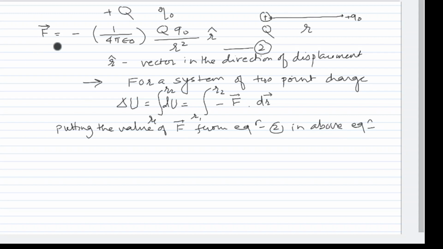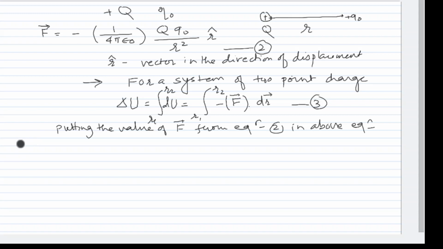See, what is the value of F here? That is minus 1 upon 4 pi epsilon 0, Q Q0 upon r square into r cap. So this value we are putting here for F, so we will get this equation. Let us consider this is equation 3.